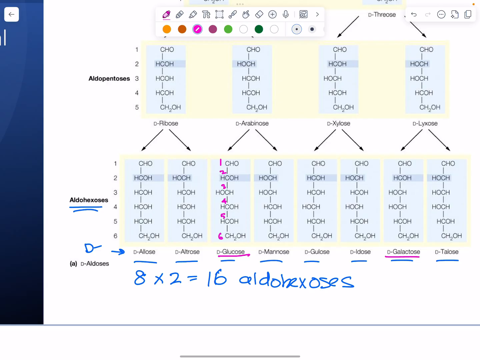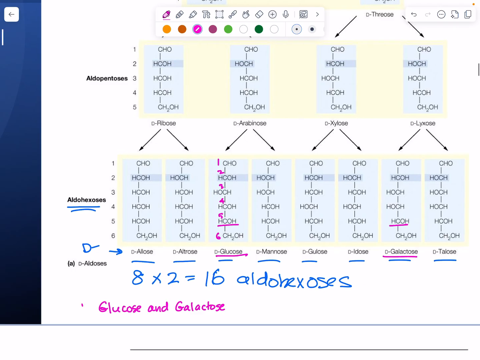So for D-glucose and D-galactose, the stereochemistry at carbon 5 is the same because that's my D or L, right? And if we look at carbon 2, which is a stereocenter, it's the same at 2. So we'll do glucose and galactose, both D isomers.